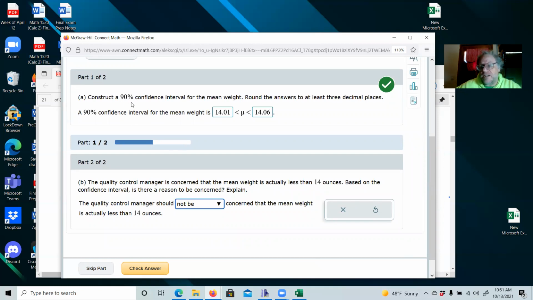Why did you choose a 90% confidence interval? Because if I choose a 95, this will be a little wider and it might include things that are less than 14. So you'd have to be able to say we chose 90% because... and again, that's not a one-person decision. If it was a one-person decision, I'd say, okay, 95 is it, because that's the standard.